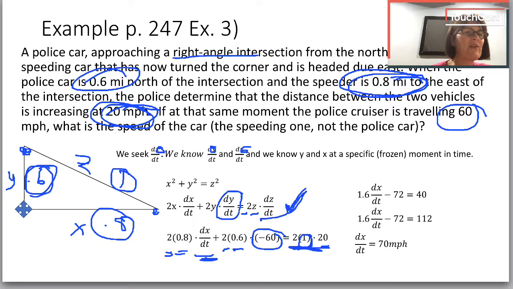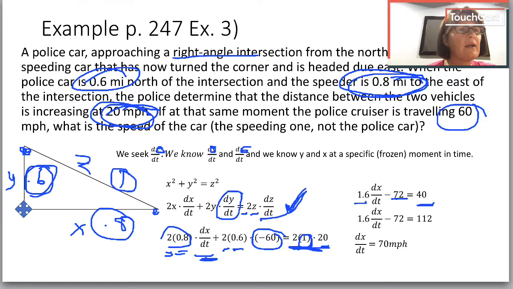So now it's a matter of simplifying and trying to isolate the dx/dt. So that 2 times 0.6 times negative 60 makes minus 72. On the right-hand side of the equation, the 2 times 1 times 20 makes 40. Here I have the 2 times 0.8 makes the 1.6.